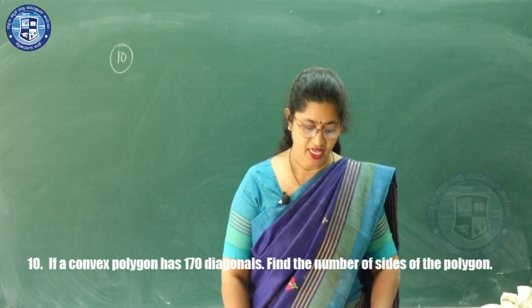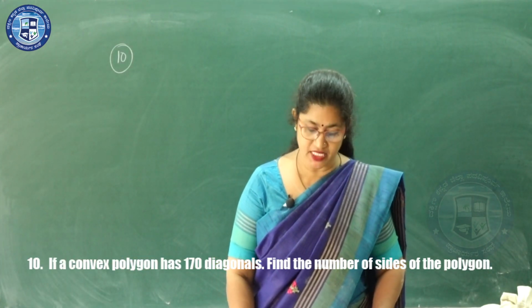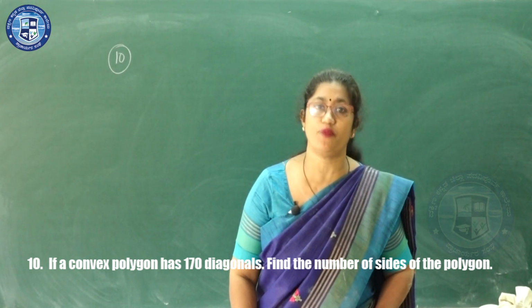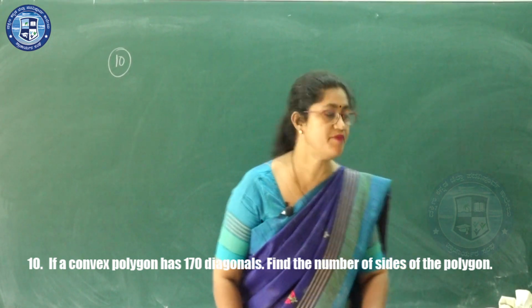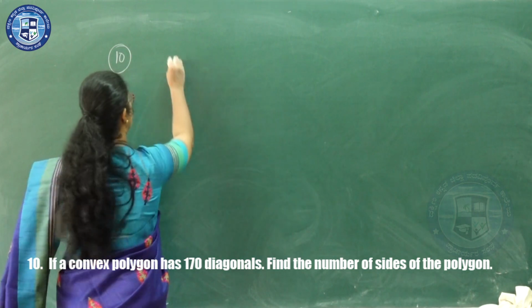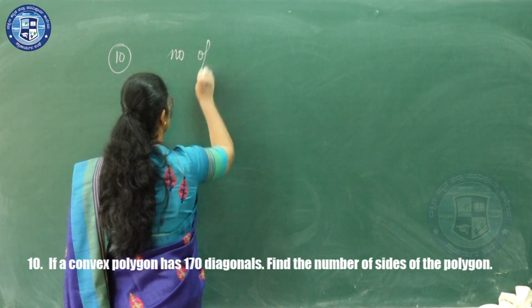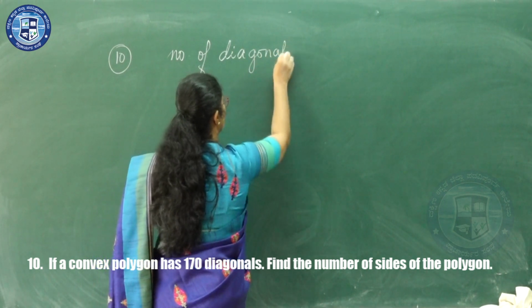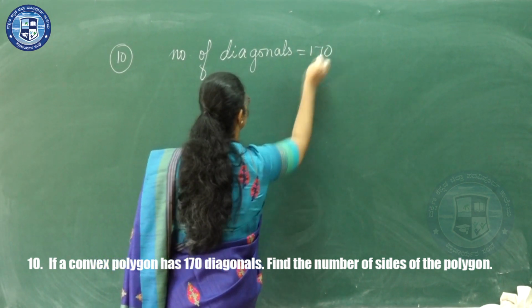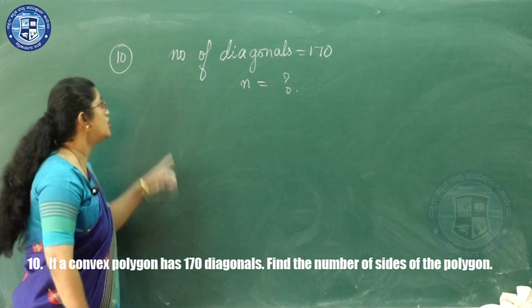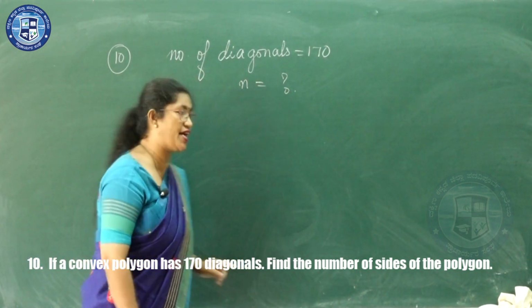Question 10. If a convex polygon has 170 diagonals, find the number of sides of the polygon. Note this sum. You are given the number of diagonals is 170. And you are asked to find the number of sides. n is equal to how much? This is our question. We know the formula for number of diagonals.